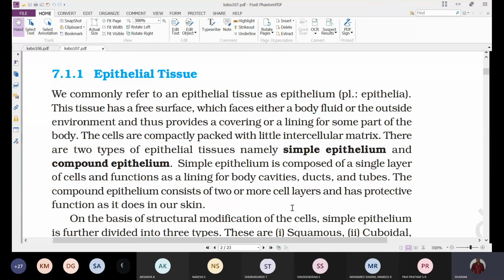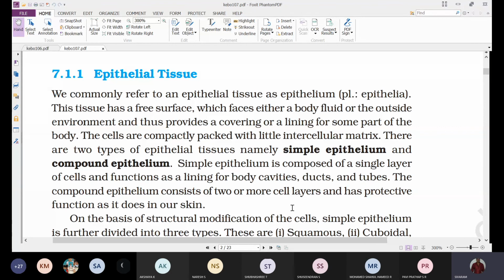When you observe the epithelial tissues, the cells are compactly packed with little intercellular matrix. The space between adjacent cells, in the case of animal tissues, we call the matrix or intercellular matrix.